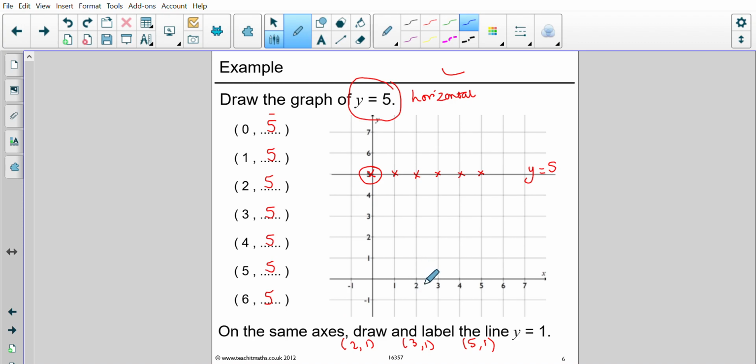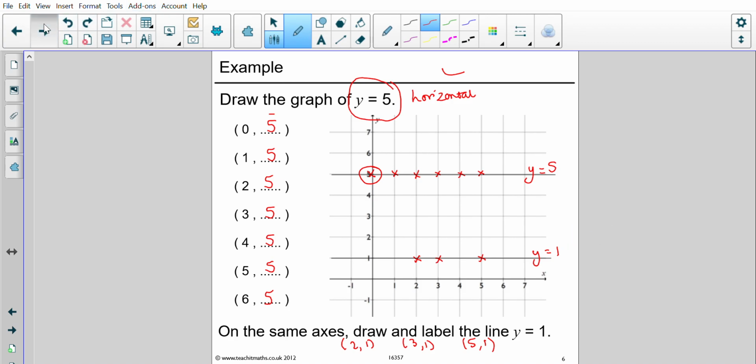So let's plot those. I've got 2, 1; 3, 1; and 5, 1. We can see there, let's get a straight line, that line is again horizontal, but this time all the y coordinates are 1, and so this is the line y equals 1.